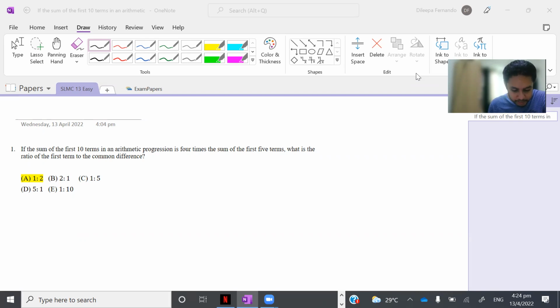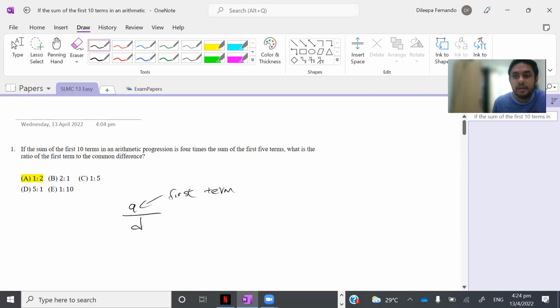Here we have two arithmetic progressions, and we ask for the ratio between the first term and the common difference. Let's say the first term is a and the common difference is d. This is the easiest question here. In order to arrive at the ratio, we have to use this information.